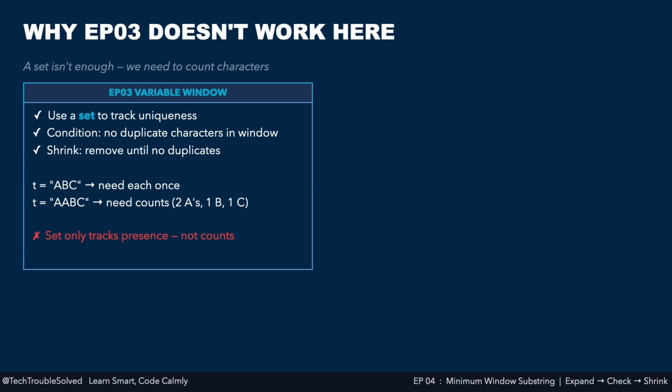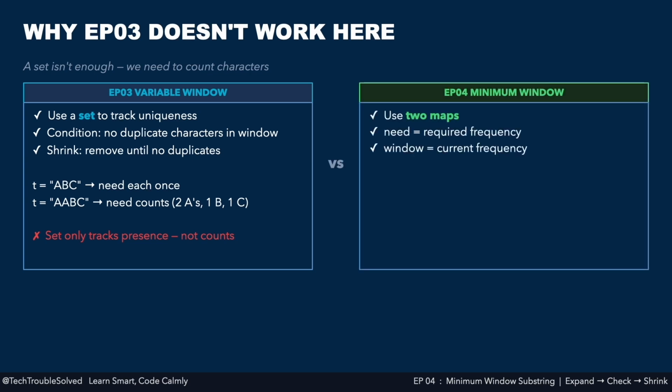Here we will be using two frequency maps. One, need, built once from T, tells us how many of each character T requires, and window, updated as we expand and shrink, tells us how many of each character the current window has. But here is the clever part, and this is the real insight of this problem. Checking window equals need every step would mean comparing two entire dictionaries.